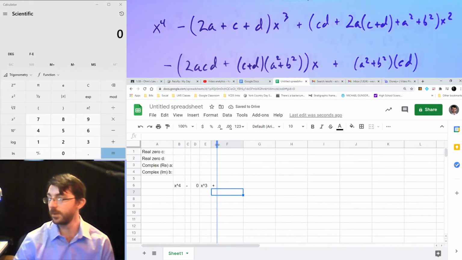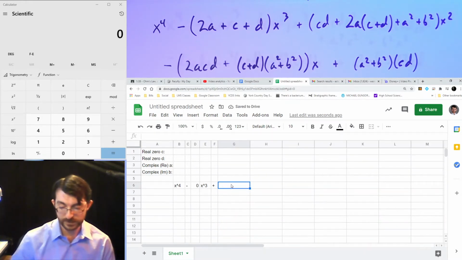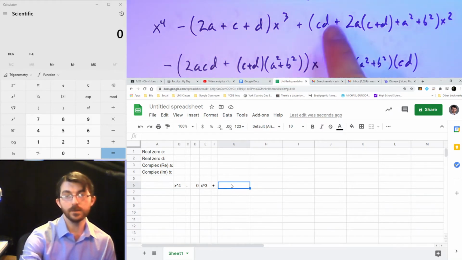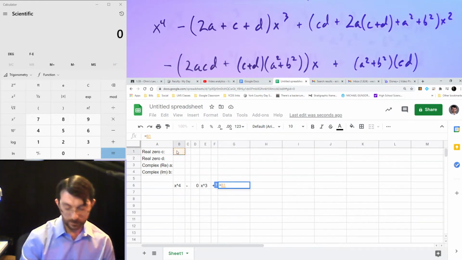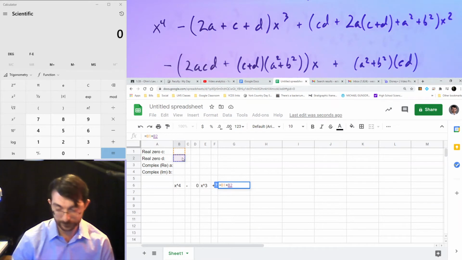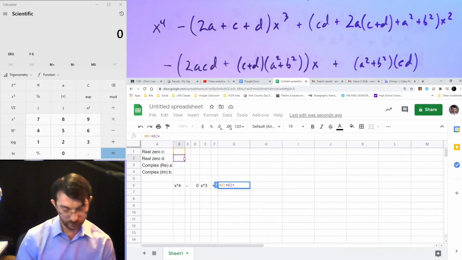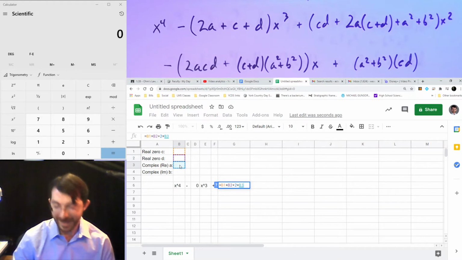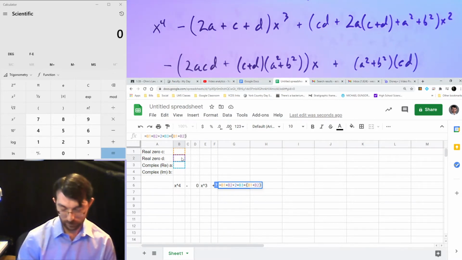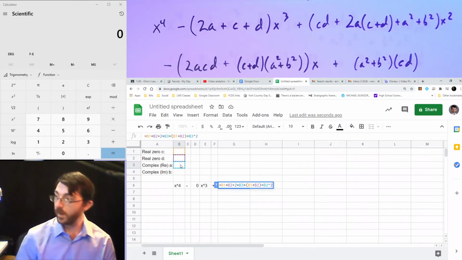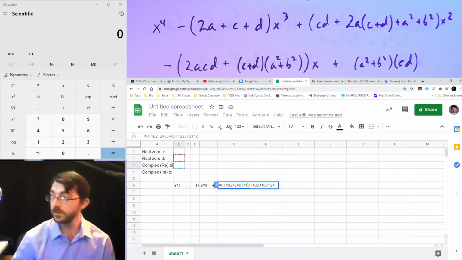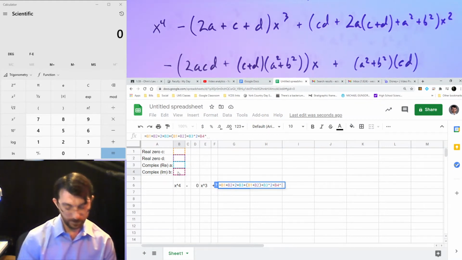Plus, now this one is CD, equals CD plus 2 times A times parentheses C plus D close parentheses plus A squared plus B squared.